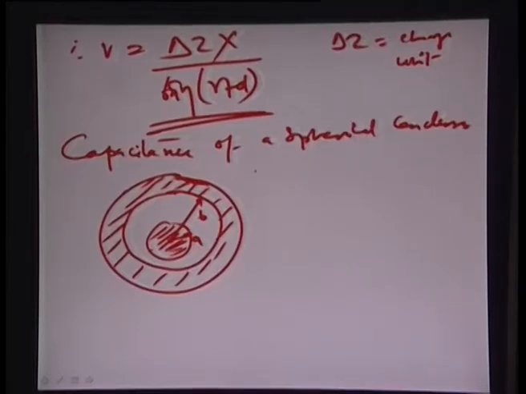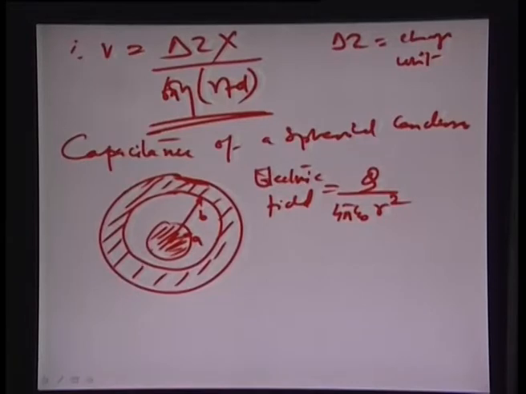So, electric field in this case, or as a matter of fact in any case, would be given by q by 4 pi epsilon naught r squared, right. That is how the electric field is represented.